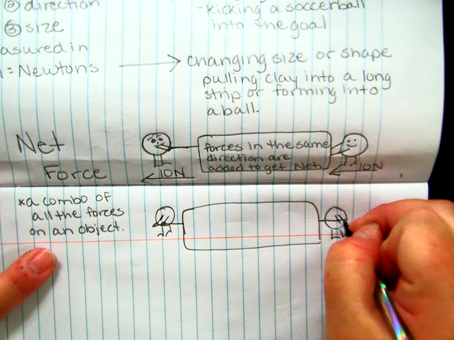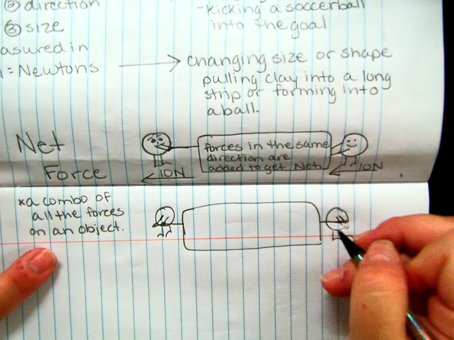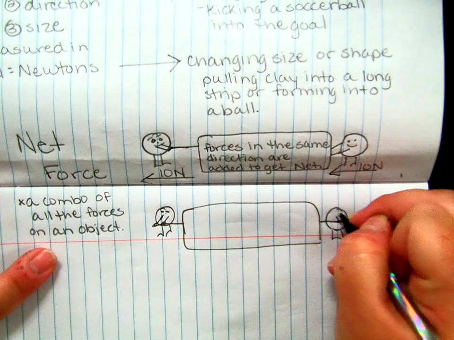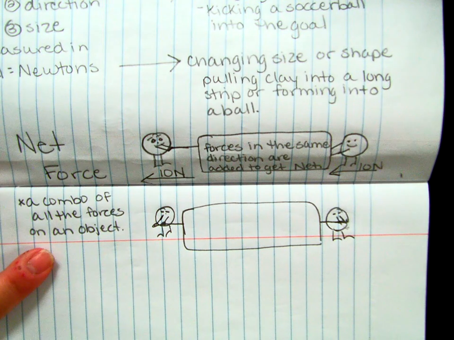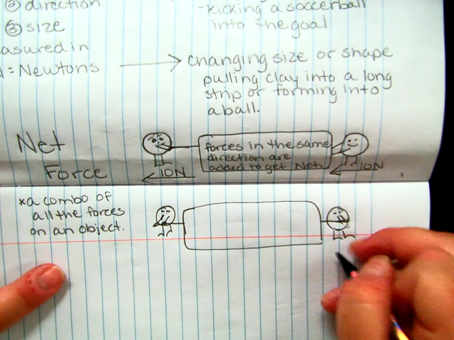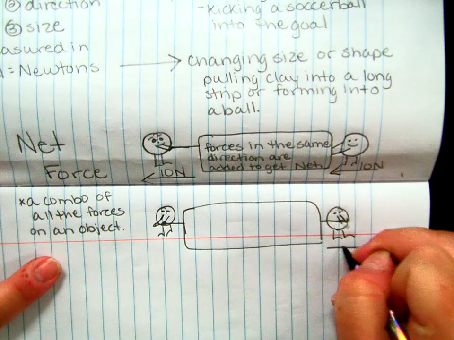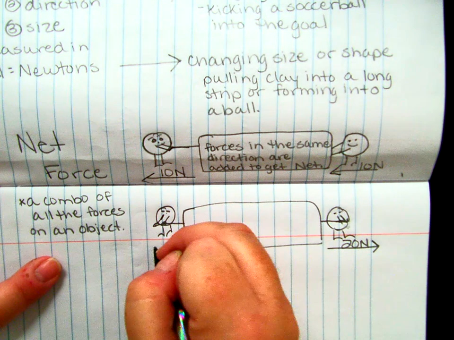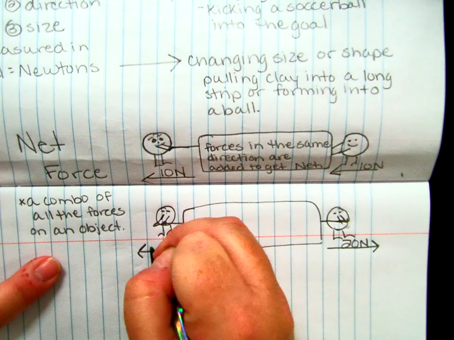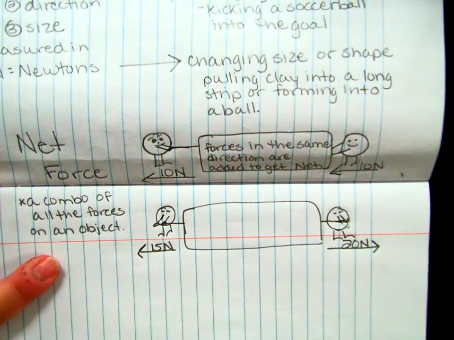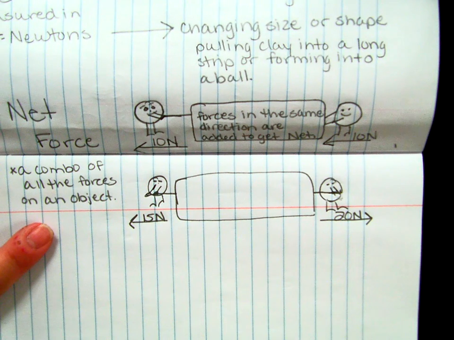And with these two guys both pulling and really working hard here, we're going to be pulling in opposite directions. So this guy is going to be pulling with 20 newtons in one direction because he's going to be stronger. And let's say this guy is only pulling with 15 newtons in the opposite direction. So this is more like tug of war here, where one's stronger than the other.